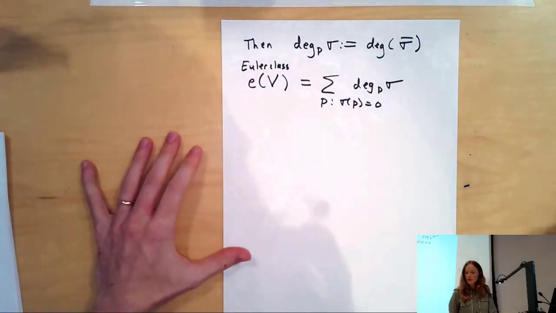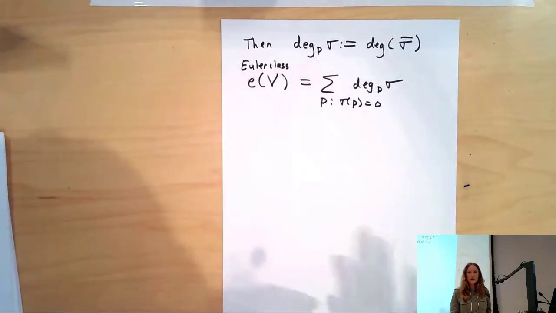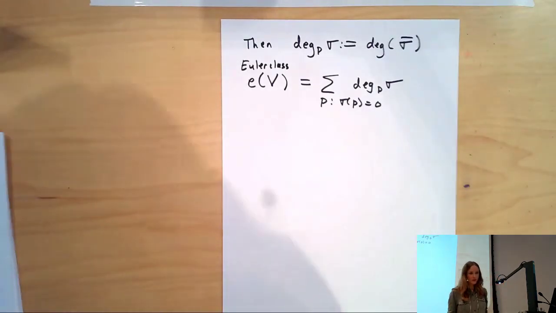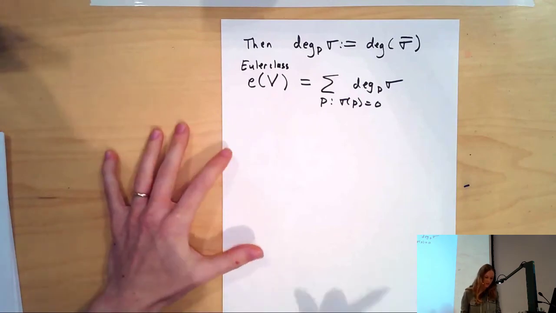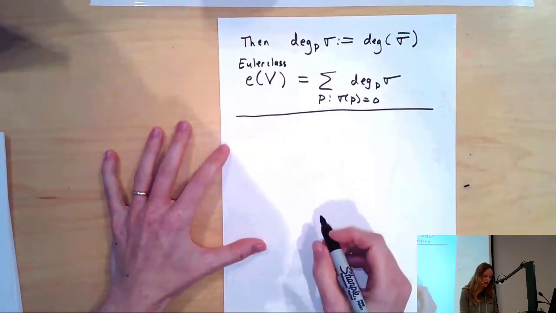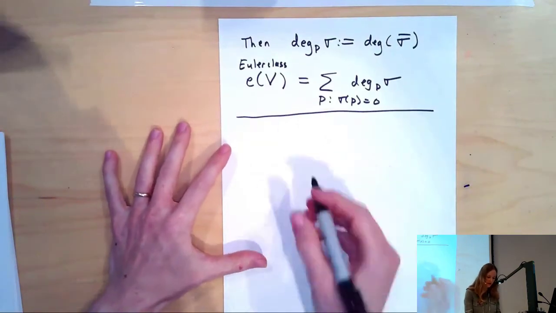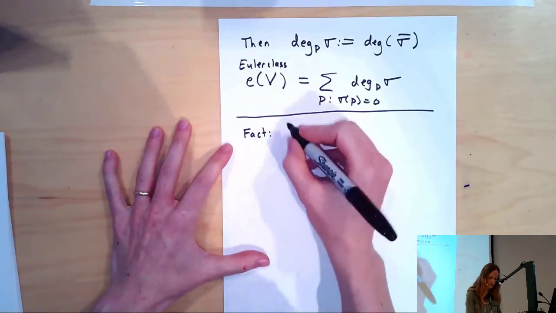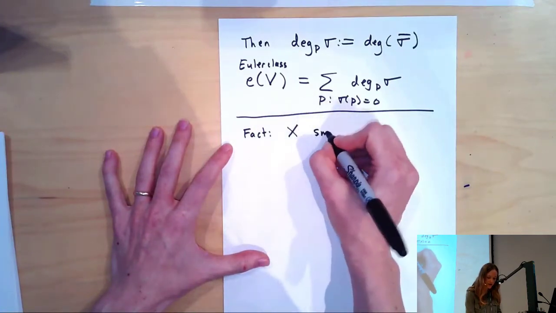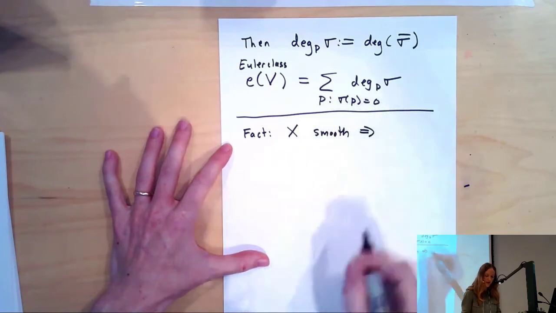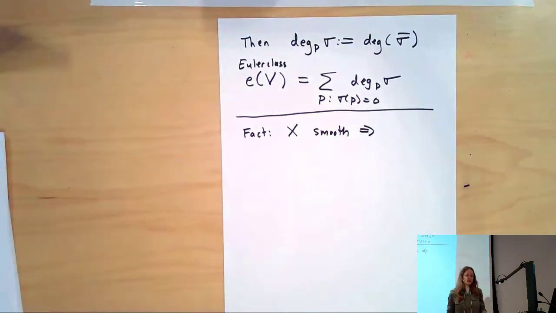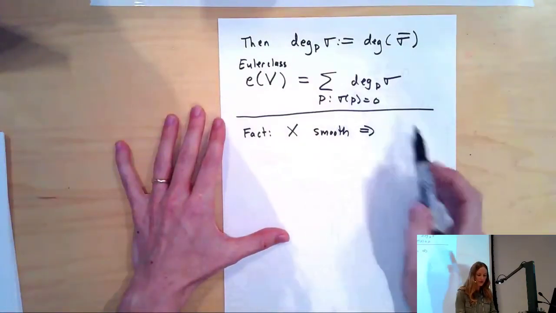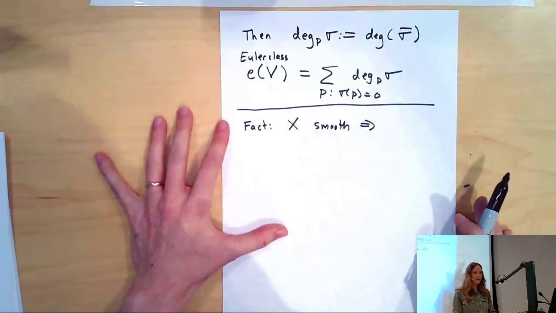Okay, so we have a tool for counting zeros with a weight, and we were interested in counting zeros of a particular bundle, the Sym^3 of the dual tautological on the Grassmannian. It can be shown with some calculus, and there's a reference, that the fact that X, our cubic surface, is smooth implies that the zeros of sigma are all simple, so the degrees are all 1 because we're in the complex case and everything is oriented.